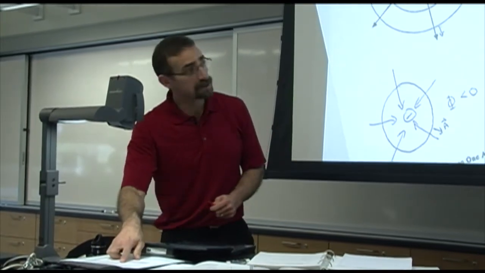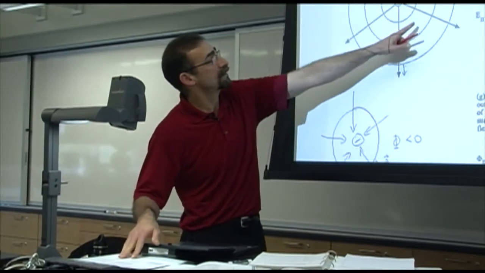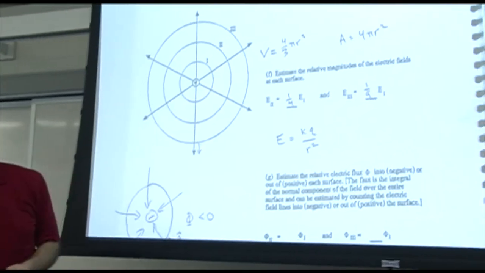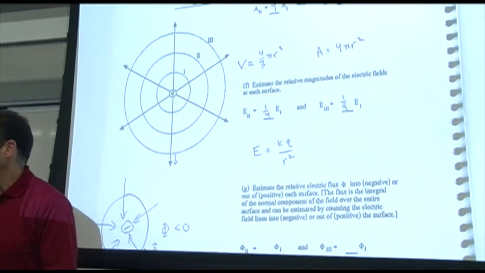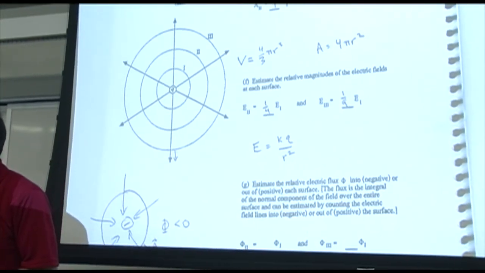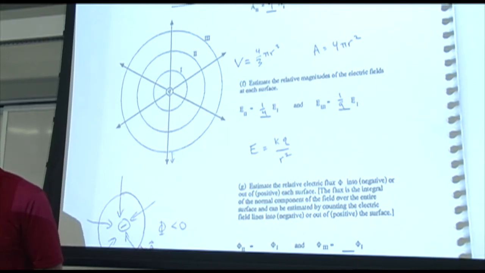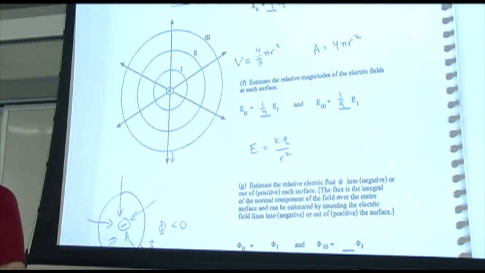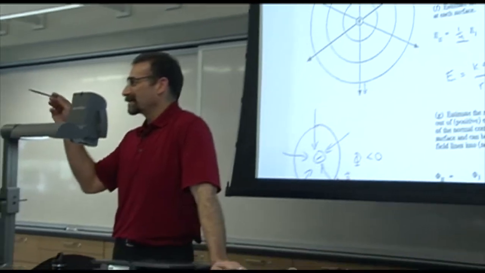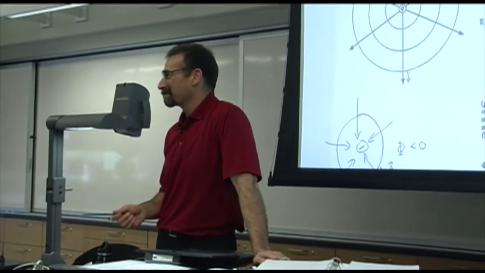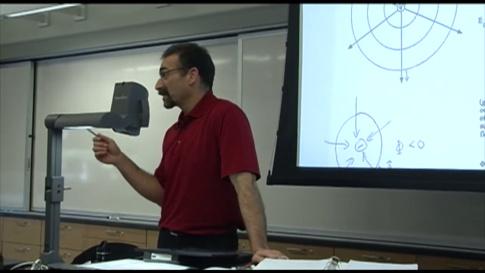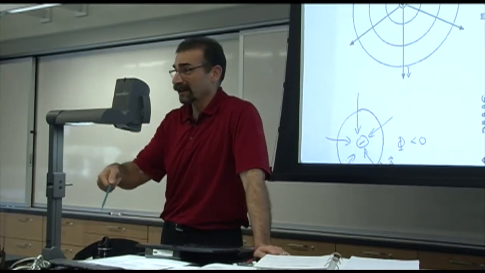All right, so what do we get? The flux through surface 2. How does that compare to the flux through surface 1? It's electric field times the area. So the area of surface 2 is 4 times bigger than the area of surface 1.